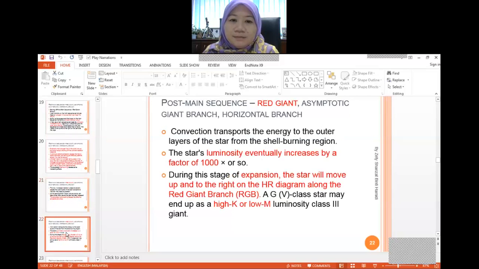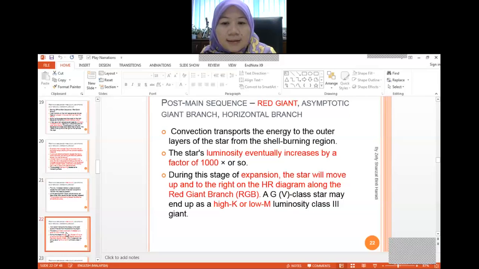Okay, and of course, the luminosity will eventually increase in this time, up to factors of thousands. So imagine from one solar luminosity, and now it becomes up to 1,000. So it will be increasing quite high in this stage, and the star will move up to the right on the HR diagram. All right, so we go to the post-main sequence, which is the red giant branch or RGB.